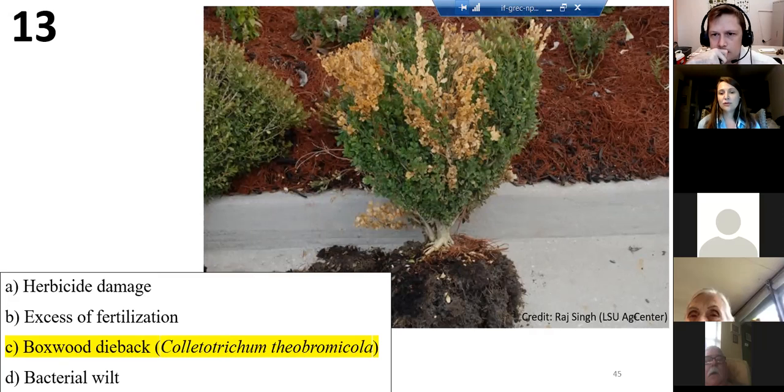And again, you have to notice the symptoms on the roots, and also the reflection symptoms here. It might also have been something like herbicide damage, but I think we would be looking at something more evenly distributed, or even excess fertilization. The symptoms would be more uniform. But this is a pretty typical case of boxwood dieback.